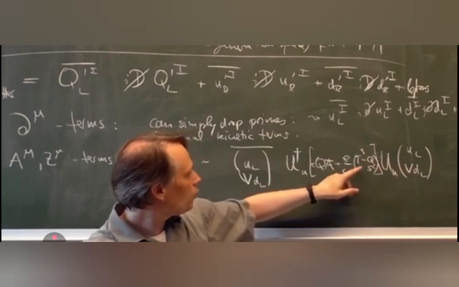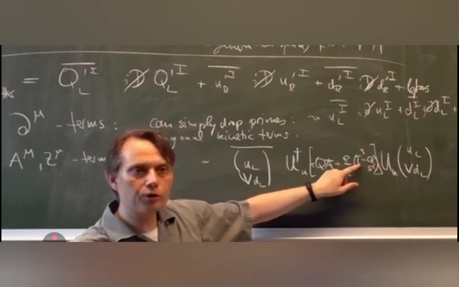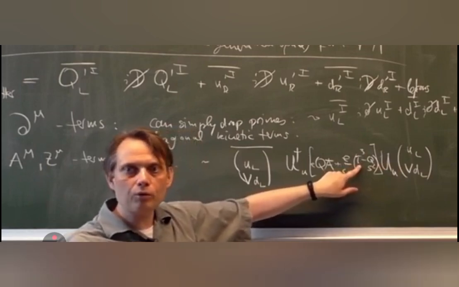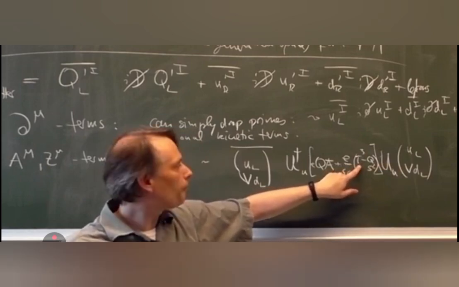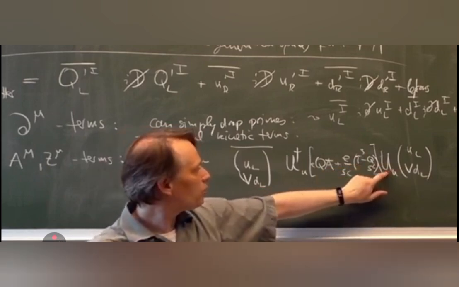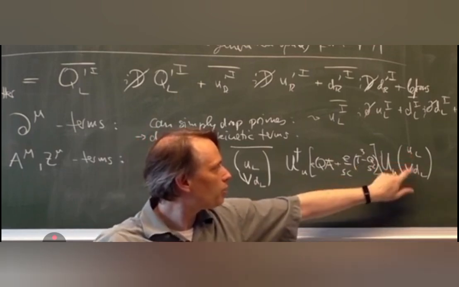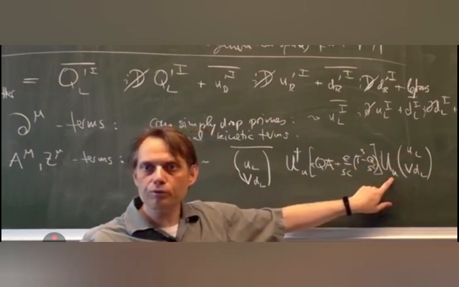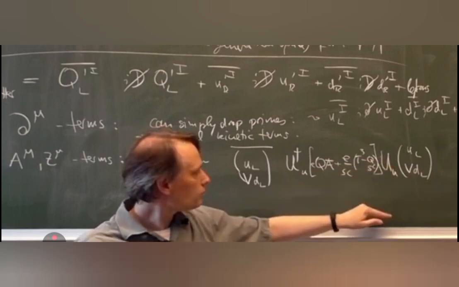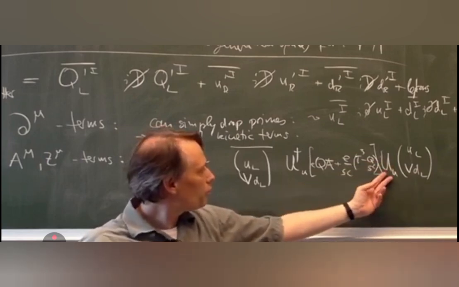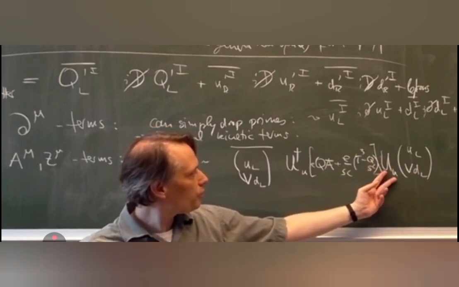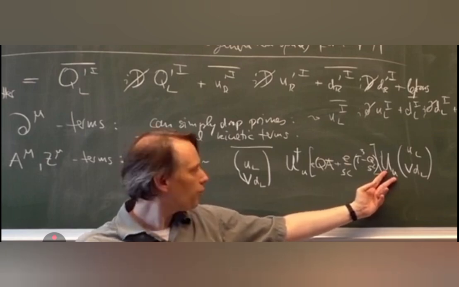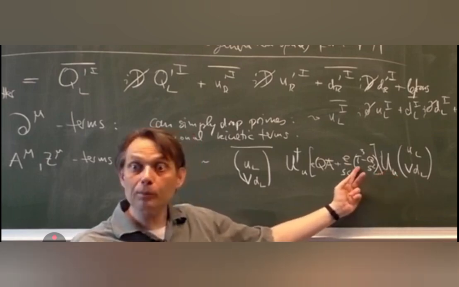In terms of generation space, this is diagonal. It acts in the same way on all three different generations. On the other hand, this matrix acts in the same way on the two doublet components, but it acts non-trivially on the three generations. Now, there is no interference between this 3x3 generation matrix and this 2x2 doublet matrix.